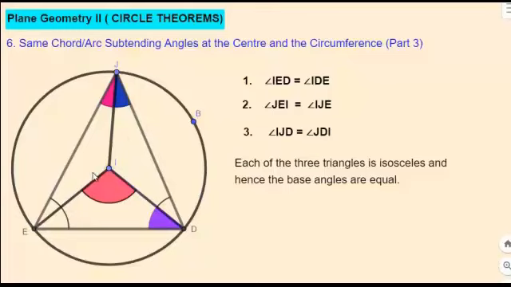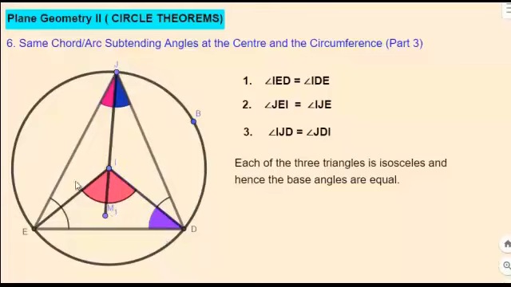And in a circle, the two sides that are equal are all radii. Hence, the base angles of each triangle are equal. I am going to extend the straight line JI so that it passes through the angle at the center. So let's say that. Now we have line JM1.